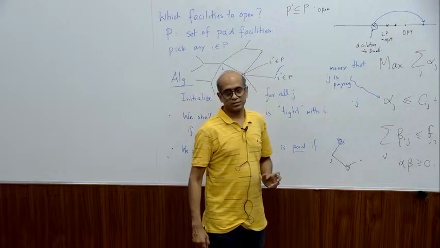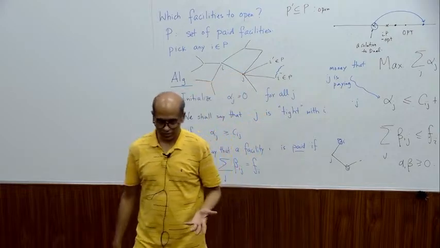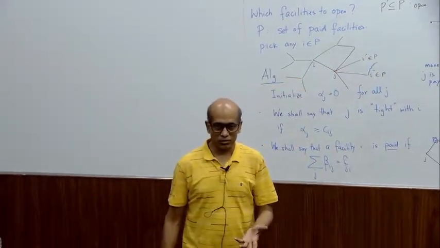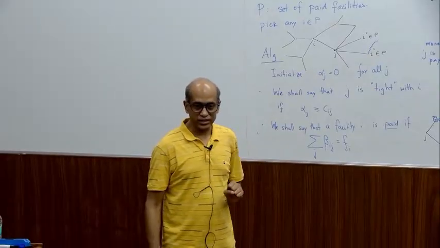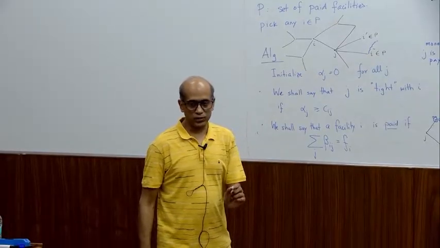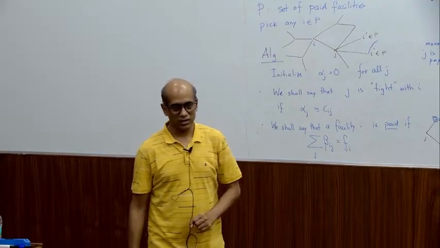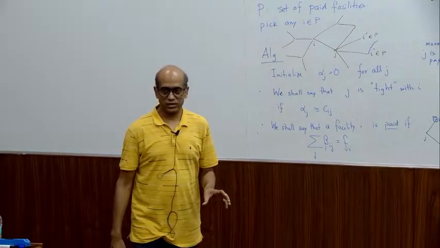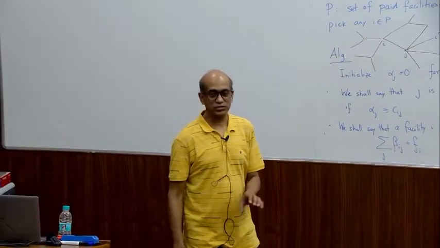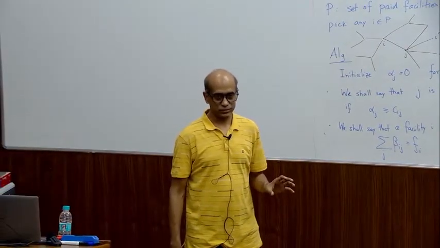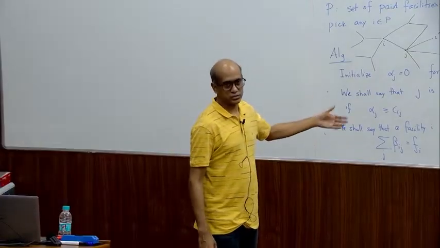Similarly, you can have other variations. You can have, for example, a K-median problem where you're opening exactly K facilities, but every facility also has a capacity. So the capacitated K-median problem. To this date, it's a big open problem, and we don't have a constant factor approximation for that. And then there are many other variations also.